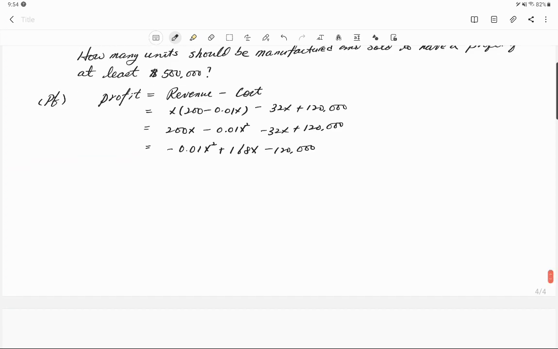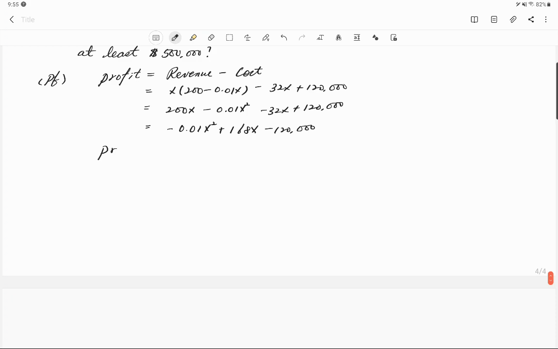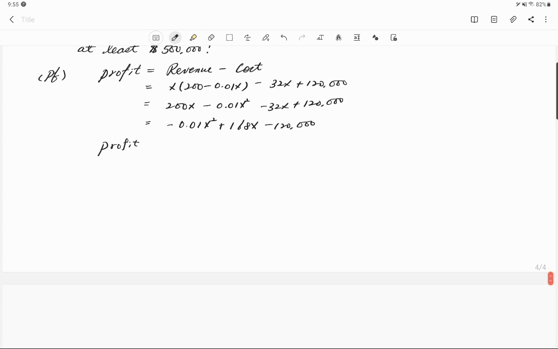The question says the profit has to be at least $500,000. At least means greater than or equal to. The minimum value is 500,000, so the profit has to be 500,000 or more.